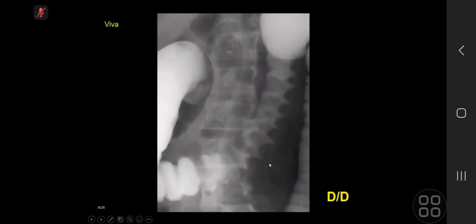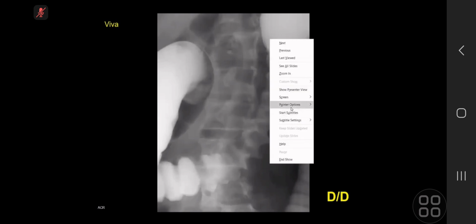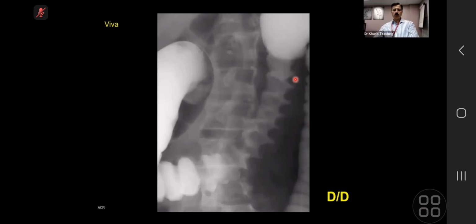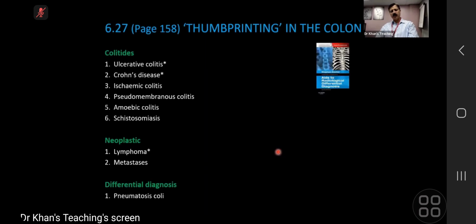These are proper thumbprints. Thumbprints. So the basic idea is, I've shown you thumbprints in small bowel also, and this is mucosal edema. There is a bit of differential diagnosis. Practically anything can cause thumbprinting, like ulcerative colitis, Crohn's, etc., and even neoplasia.